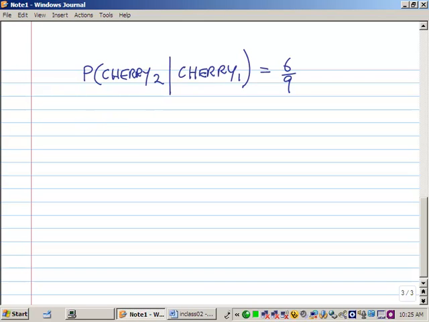Okay, so this is a conditional probability. So this straight up and down line is equivalent to the words given that.